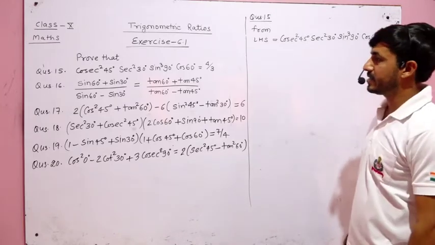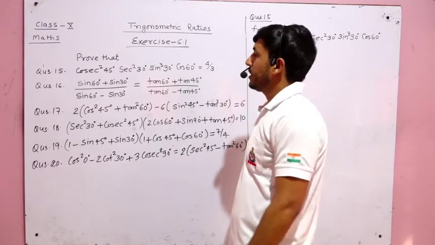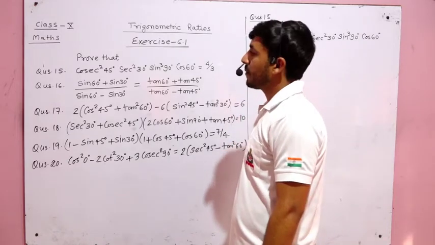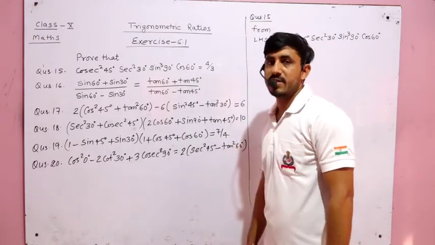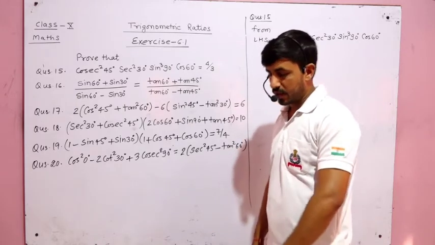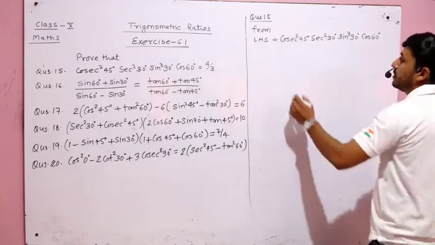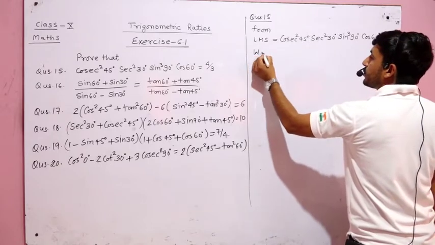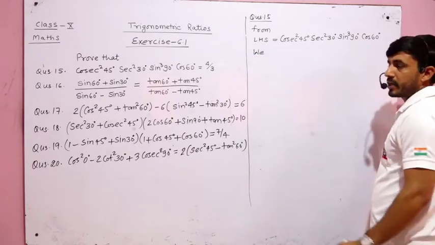We have to prove that the left side will be equal to 4 by 3, that is the right side of the given question. Then first we have to substitute all the values of trigonometric ratios.